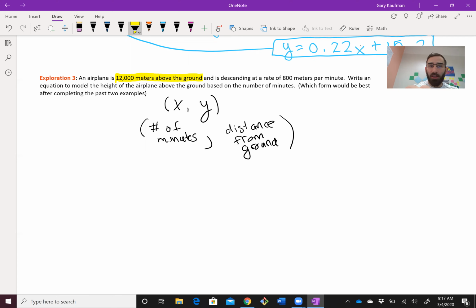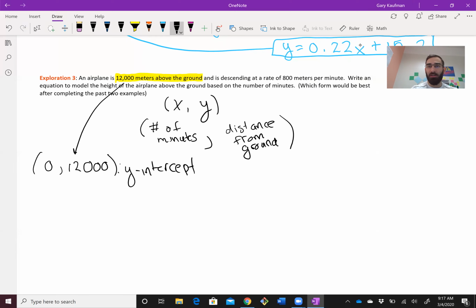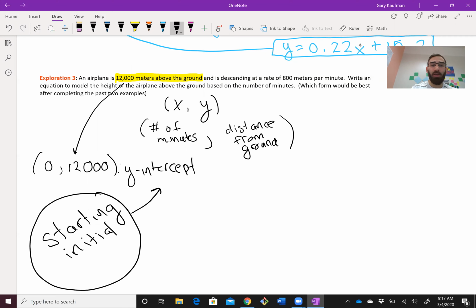Starting means 0 minutes have passed. So this is 0 minutes, a height of 12,000 meters. That's my y-intercept. Hopefully you're starting to draw this connection. Whenever we see the word starting, or the word initial, something that is right away, that's my y-intercept.